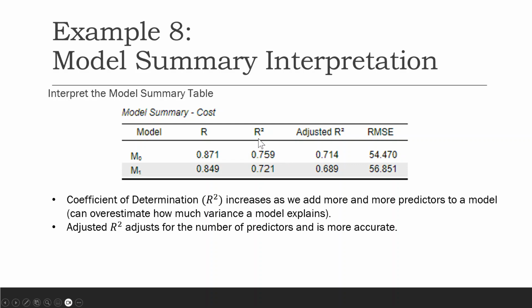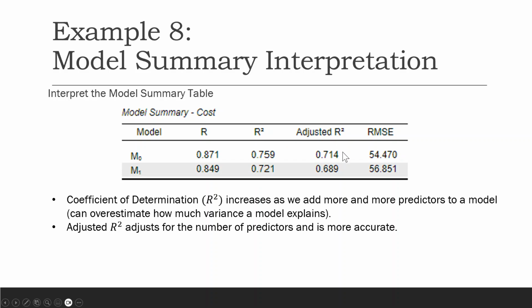And so in addition to having this R-squared, this coefficient of determination, which we think is inflated because of the additional predictors, we need a method that can offset the possible overestimation of the variance that is explained by the model. And that is given by the adjusted R squared. It adjusts for the number of predictors to get rid of that overestimate of how much variance a model explains.